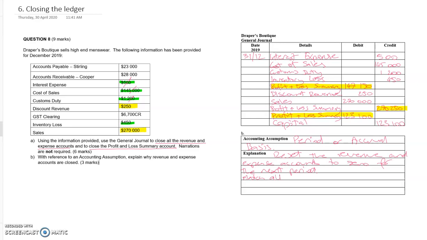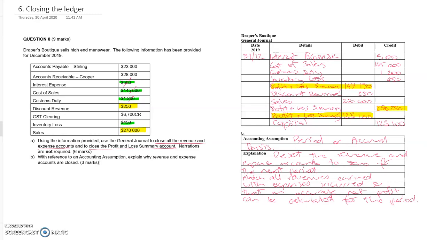and also to match all revenues earned with expenses incurred, so that an accurate net profit can be calculated for the period.